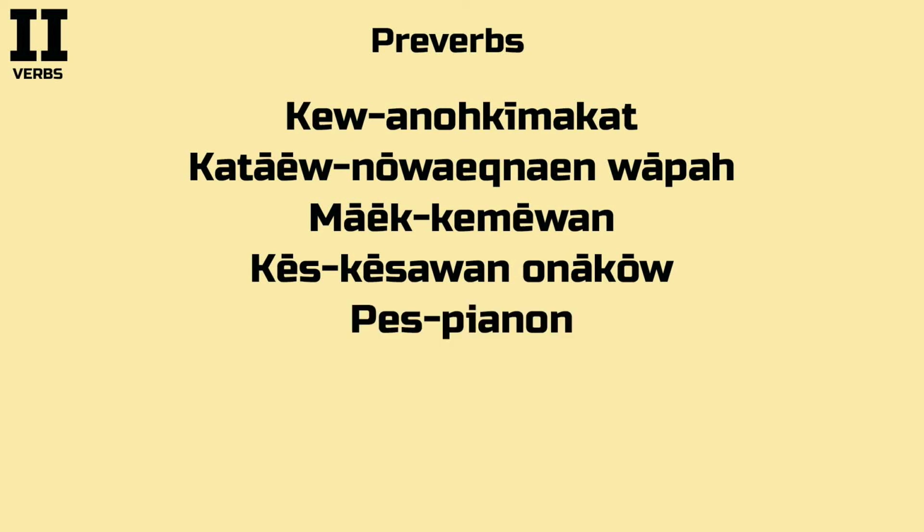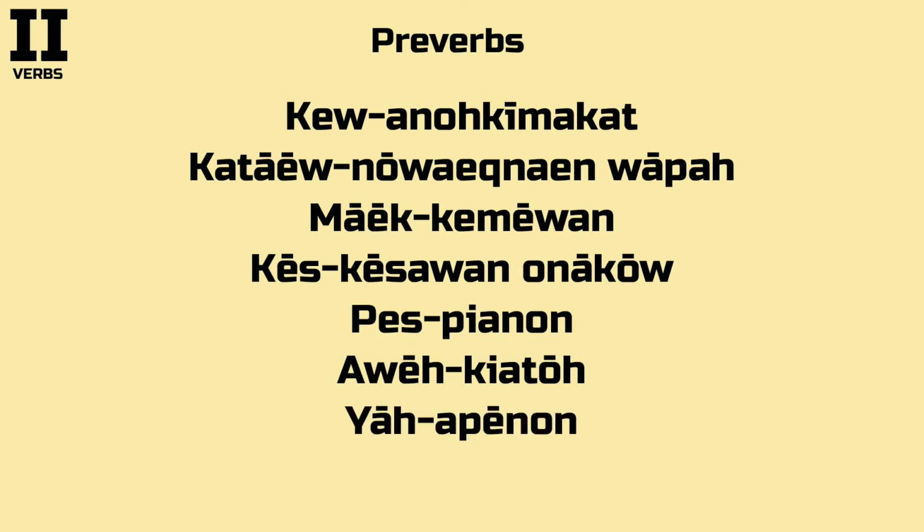Pispianen. Come over here. Away Kyoto. Go and hide it. Yahapenon. Sit back down. Chake Wasachikan. Near the window. Now, we would like you to take some time and try some of these on your own with some of your pre-existing vocabulary.